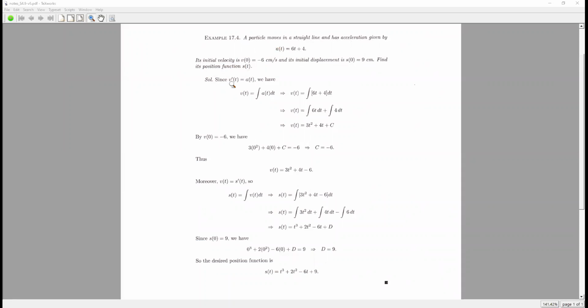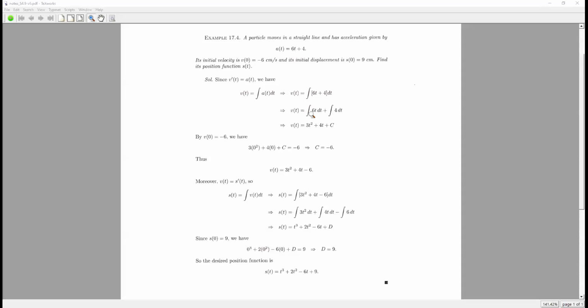Because the derivative of velocity is acceleration, velocity is an antiderivative of acceleration. In other words, velocity is the indefinite integral of acceleration. Acceleration in this example is 6t plus 4. Then we compute this integral to get velocity.